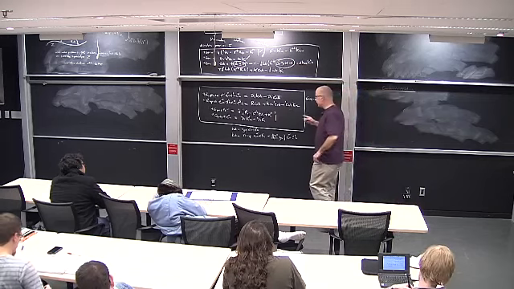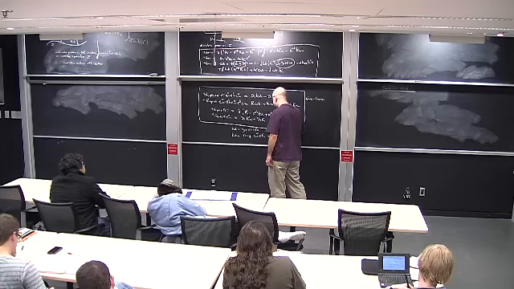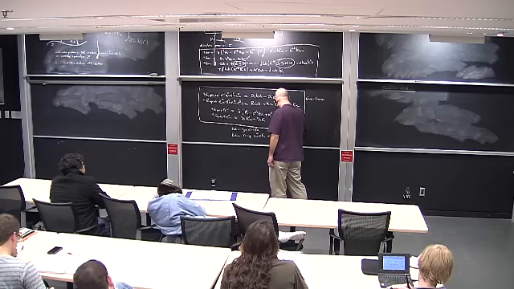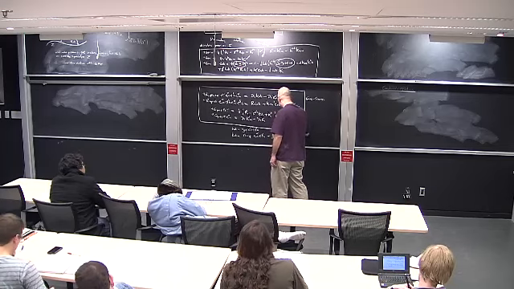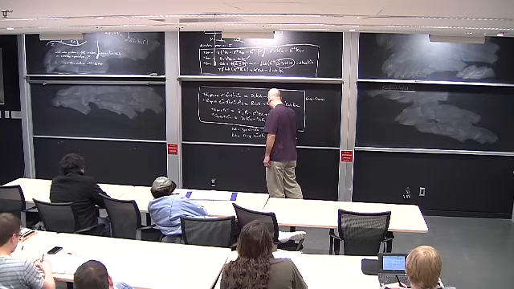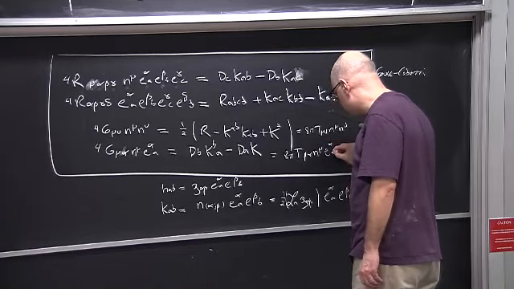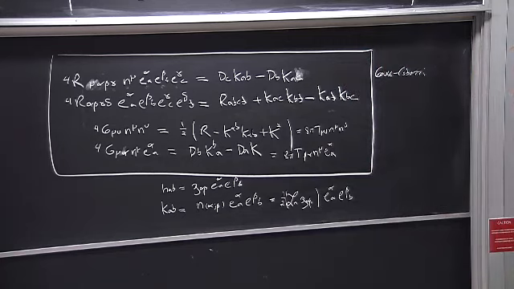So what I'm going to say is that this has to be equal to 8 pi T mu nu n mu n nu by the Einstein field equations, and this has to be equal to 8 pi T mu alpha n mu e alpha, according to the Einstein field equations.